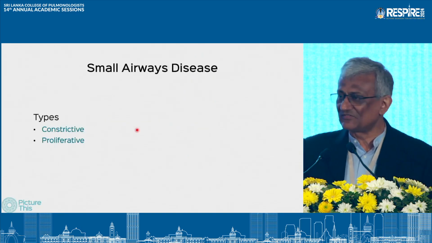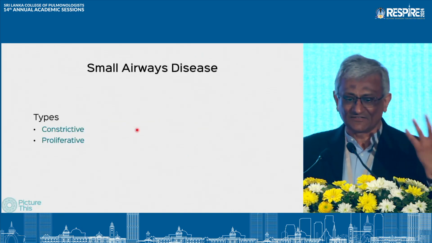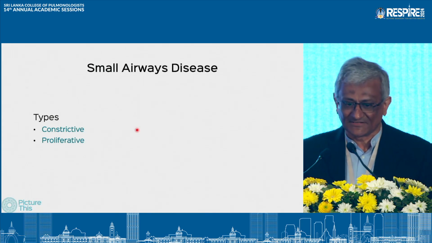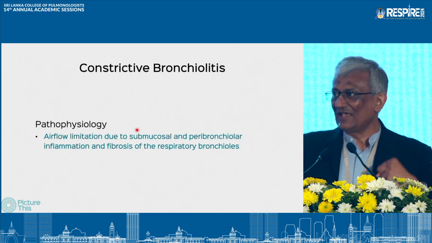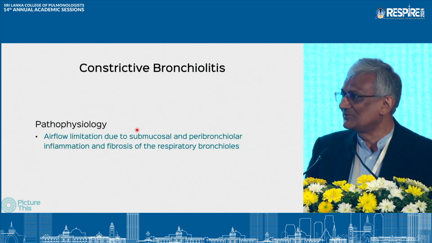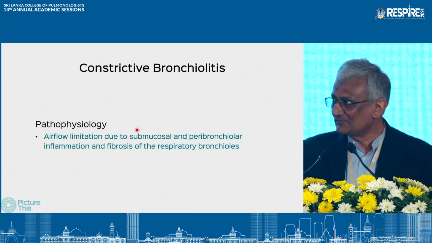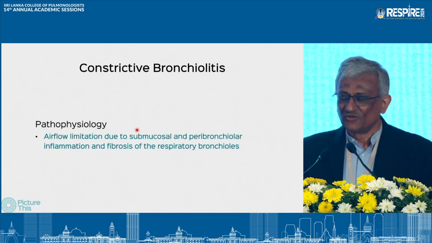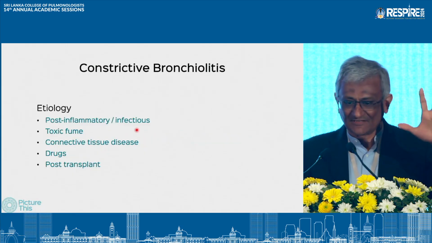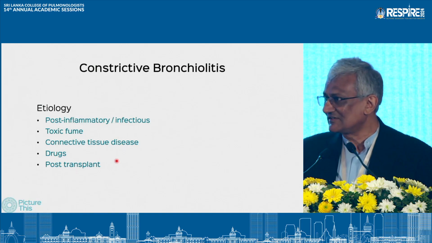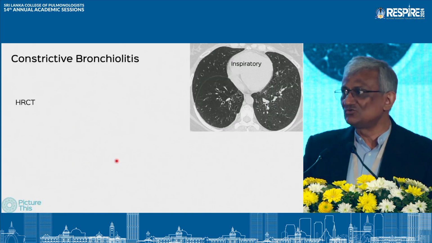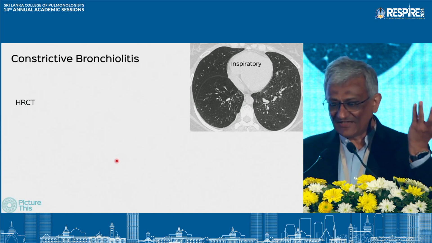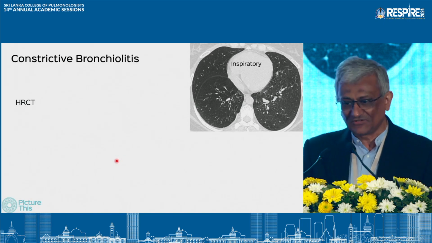Another subgroup is small airways disease, where we get constrictive and proliferative disease. Constrictive bronchiolitis is when we have some damage to the bronchioles that has happened in the past, and then that leads to airflow limitation. This is the list of the common conditions that can produce constrictive bronchiolitis. And the way to diagnose this is to have an inspiratory-expiratory pair.